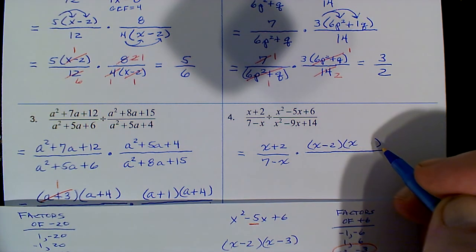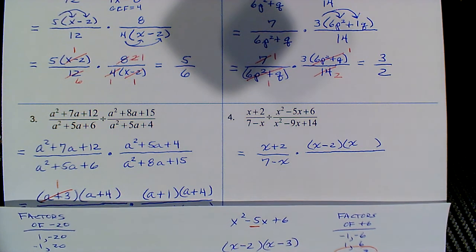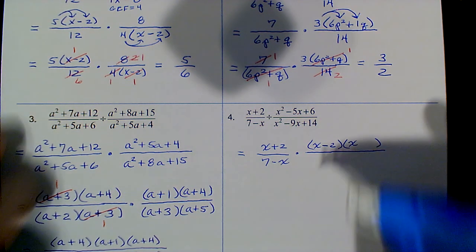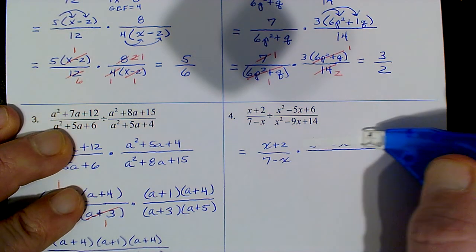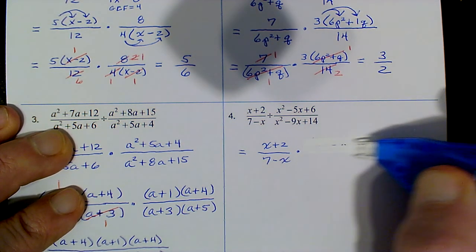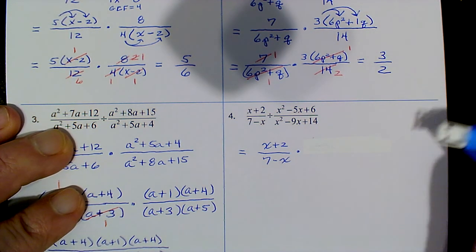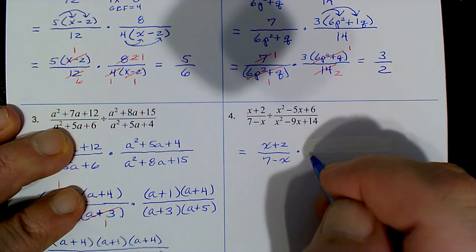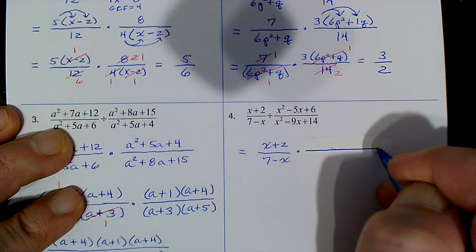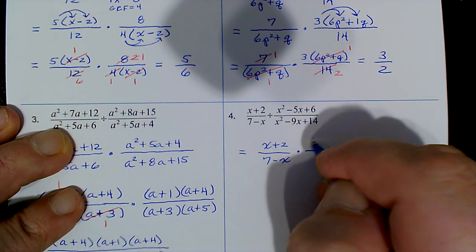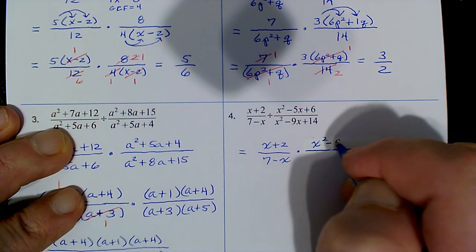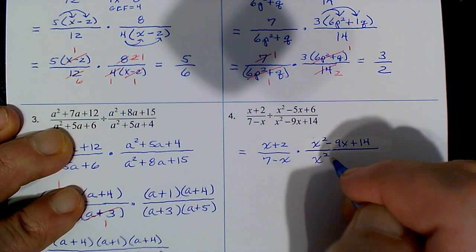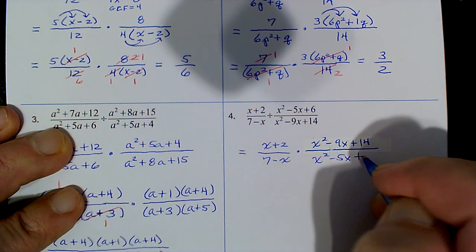I'm sorry, I made a mistake. The factorization's fine, but before I do that factorization, I had to change to the reciprocal. So we got x squared minus 9x plus 14 over x squared minus 5x plus 6.